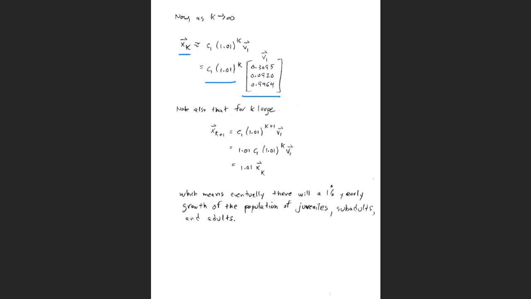Additionally, as k gets large, the number of juvenile, subadult, and adult owls in the k plus first year will equal 1.01 times the numbers in the kth year. And that means there's a 1% yearly growth of this population of juveniles, subadults, and adults. That's what that means.